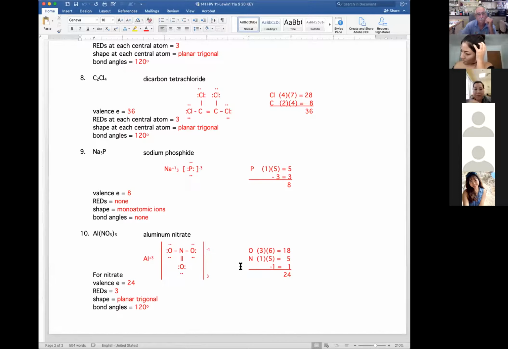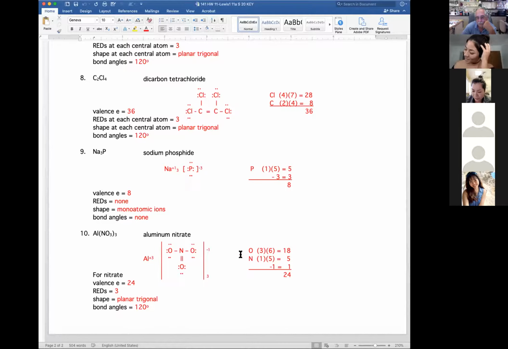Can I tell you first and see if I'm doing it correctly? Nitrogen is 5, right? So you add 5 for nitrogen, and you add 6 times 3 for the oxygens, which gives you 18.